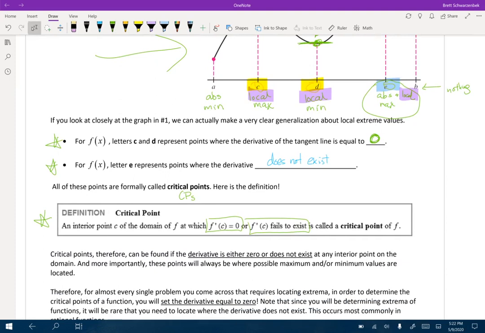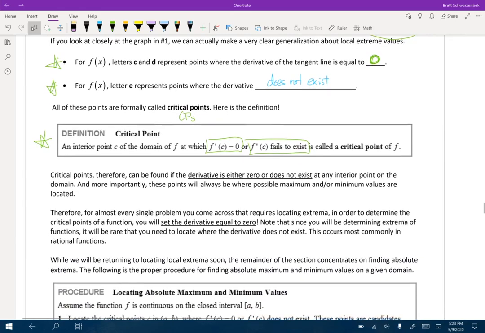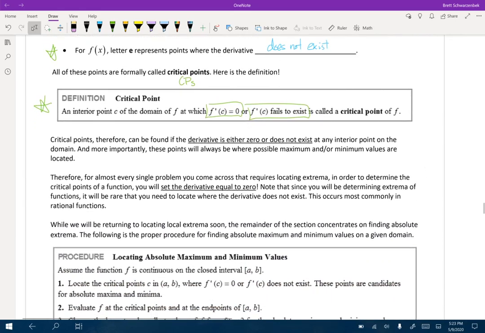So basically, when we're doing these problems, this is something that you want to keep track of in terms of understanding what you're doing, is that we're going to be identifying critical points a lot within the scope of what we do. Okay, just summarizing what's going on here, it says critical points therefore can be found if the derivative is either 0 or does not exist at any interior point, so on the domain.